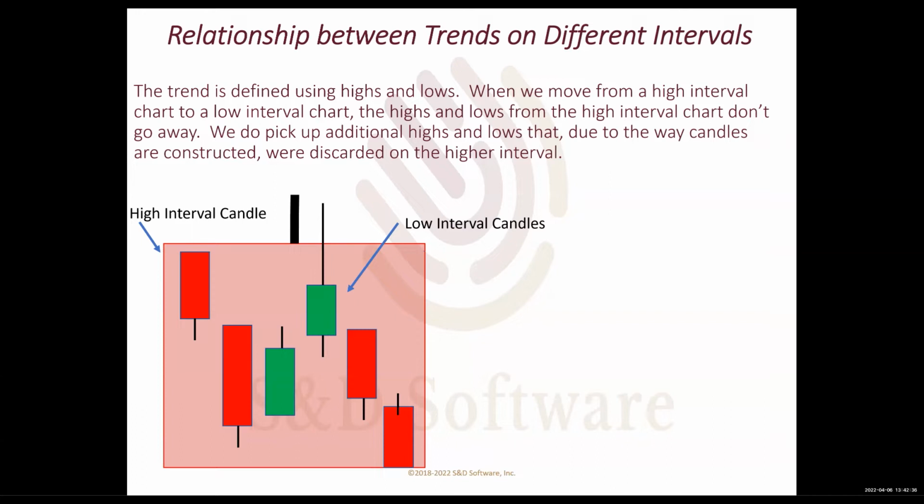However, this data that was thrown away because on the higher time frame, it wasn't higher or lower than the high and the low that were picked out and used for the high time frame candle.